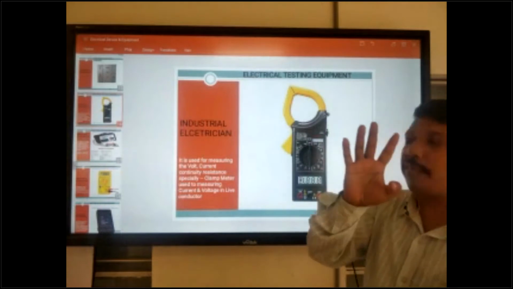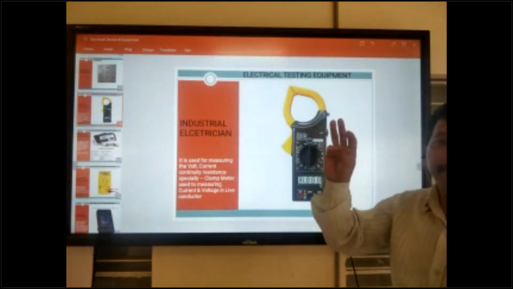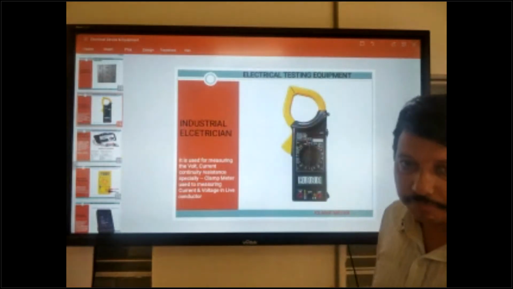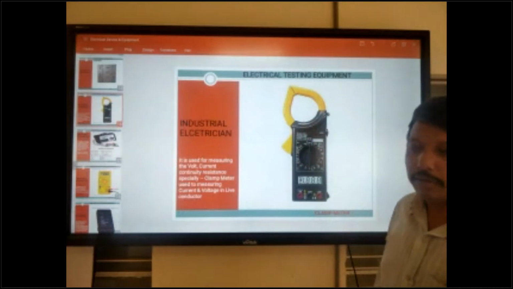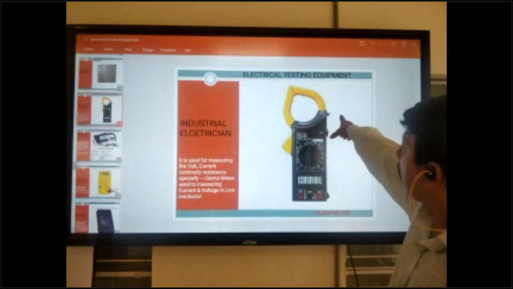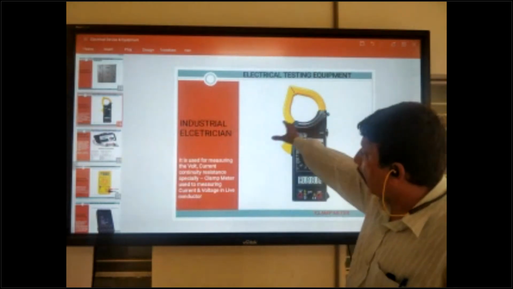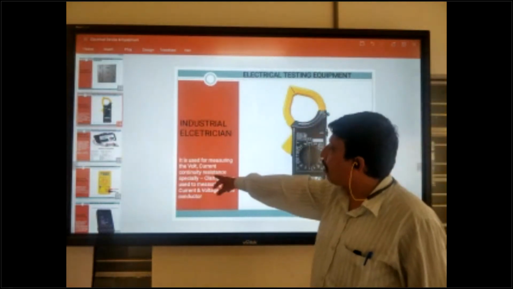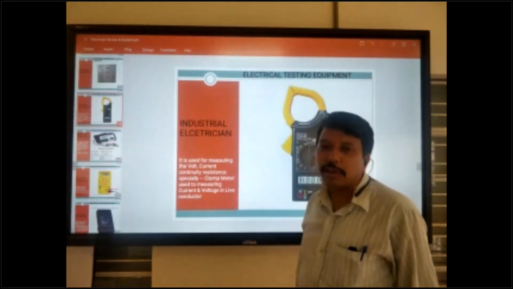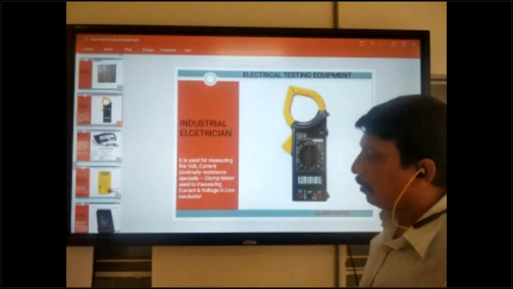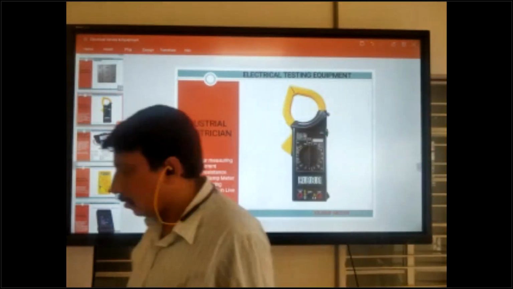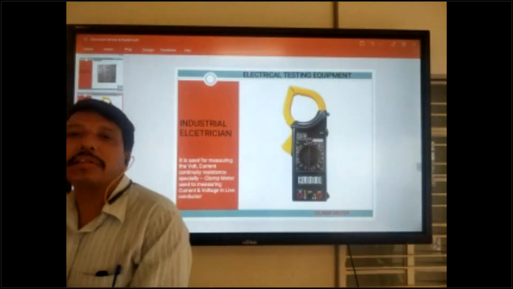We have four types of testing equipment: clamp meter, multimeter, megger, and earth resistance tester. Multimeter and clamp meter we have already completed. The clamp meter can be used for measuring continuity, resistance, volt, and current, especially when it is not possible to open the termination of the conductor and there is high voltage or high current.